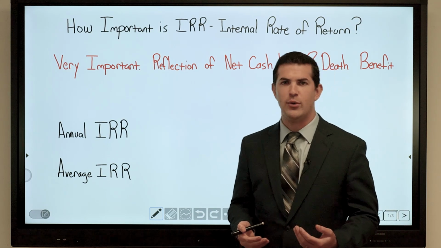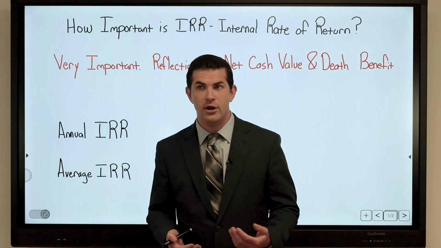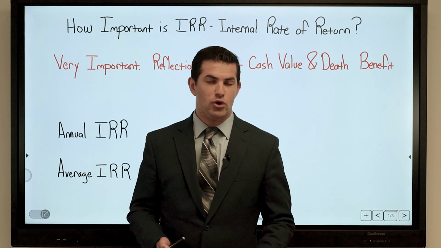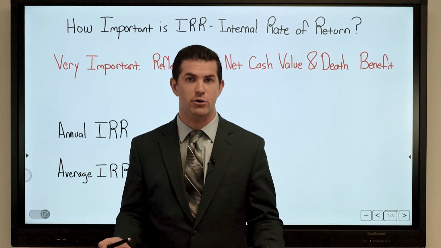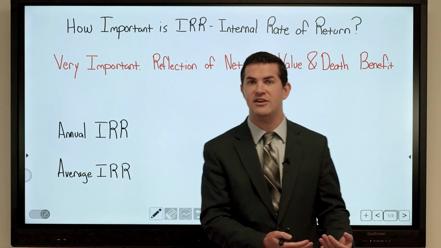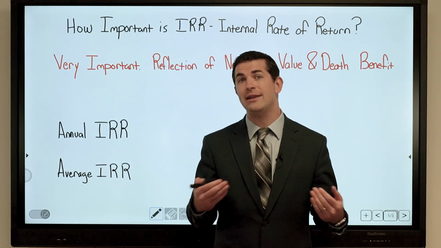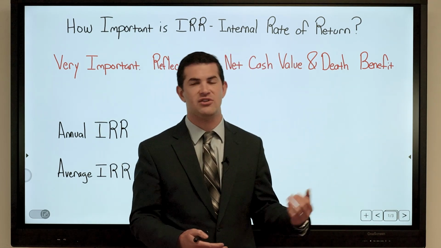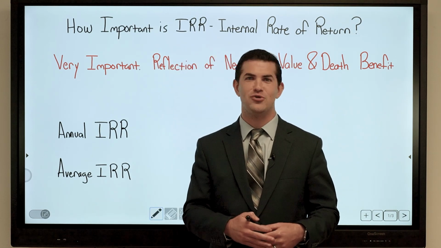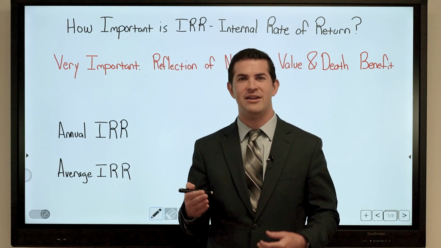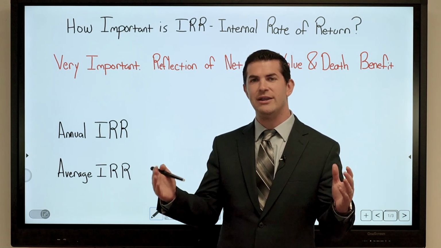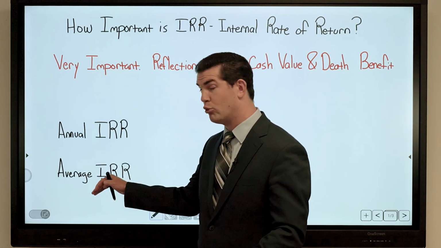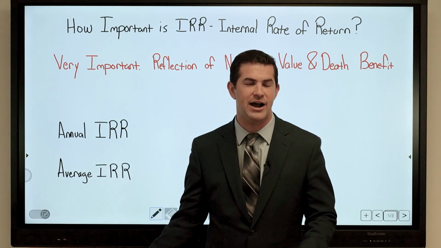For example, if you have a mutual fund account and you earned 8% in 2020, you're going to state, I earned 8% this year, or last year I earned 8% on my investments. Now, if over a 20-year span, some years you earned 8%, some years you lost 100%, whatever it might be, you had negative hits, ups and downs and such, you then, over that 20-year span, would want to look at the average IRR.